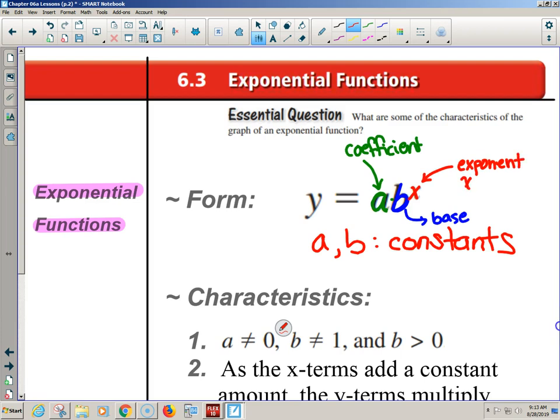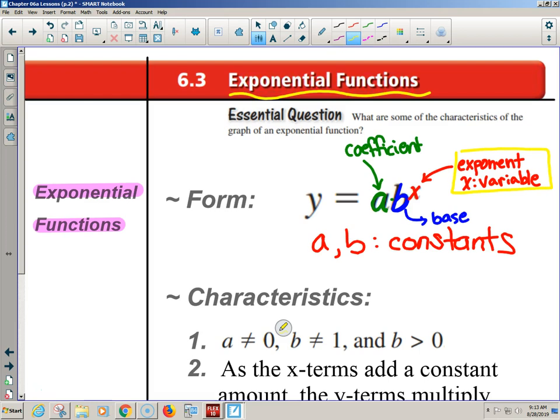And x is a variable. Okay, so a and b are numbers, x is a variable. The exponent is a variable. I think out of everything on this page, when we're talking about exponential functions, one of the most important things to remember is that there is a variable in the exponent.